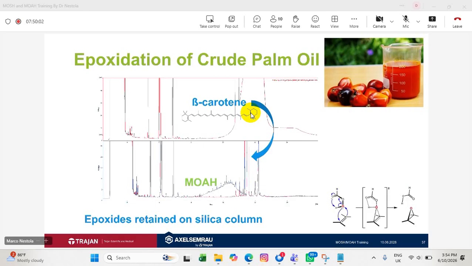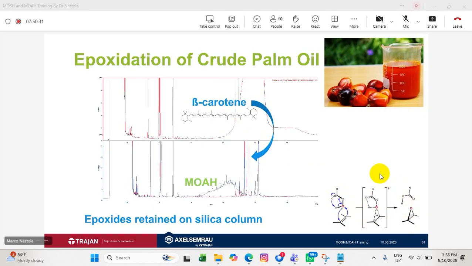And therefore, we have something called epoxidation. Epoxidation is a chemical reaction that transforms those compounds with a double bond into epoxides. So epoxides are essentially just a double bond in a 3-ring system with an oxygen.